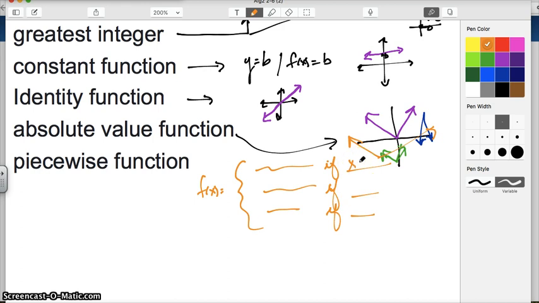So you might have if x is greater than 2, if x is somewhere between -2 and 2, and if x is less than or equal to -2.